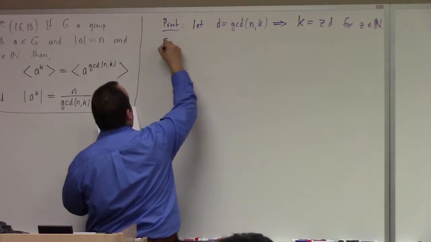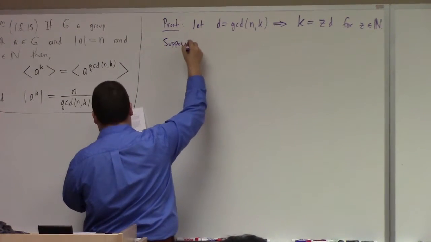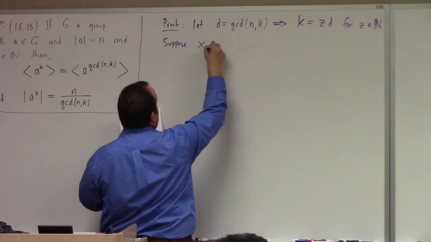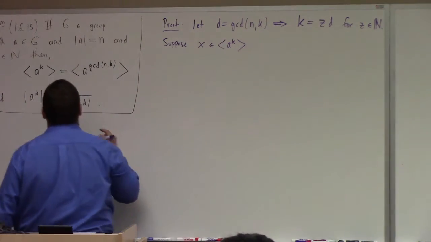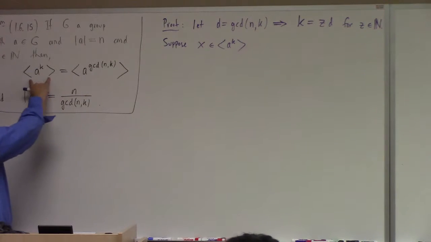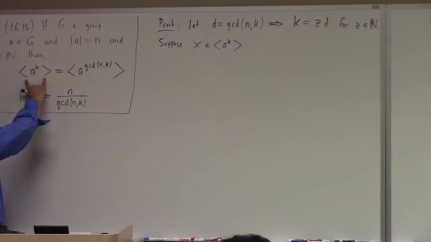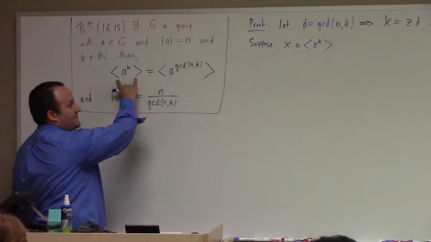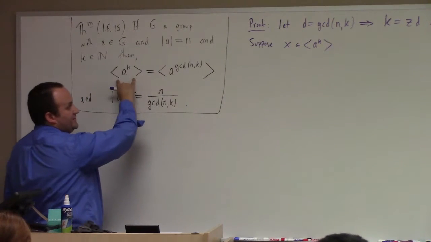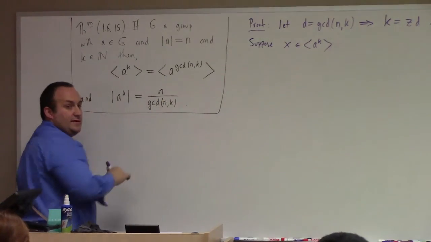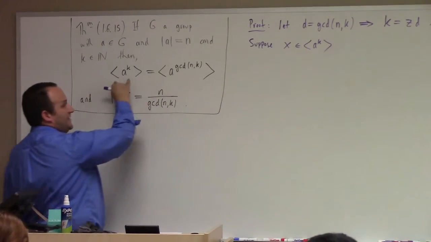So let's suppose that x is an element of the subgroup generated by a to the k. What I'm doing right now is picking an x from this set. My goal is to show that x is in fact also in that set, which will show that this is a subset of that. Then we're going to show that this is a subset of that.